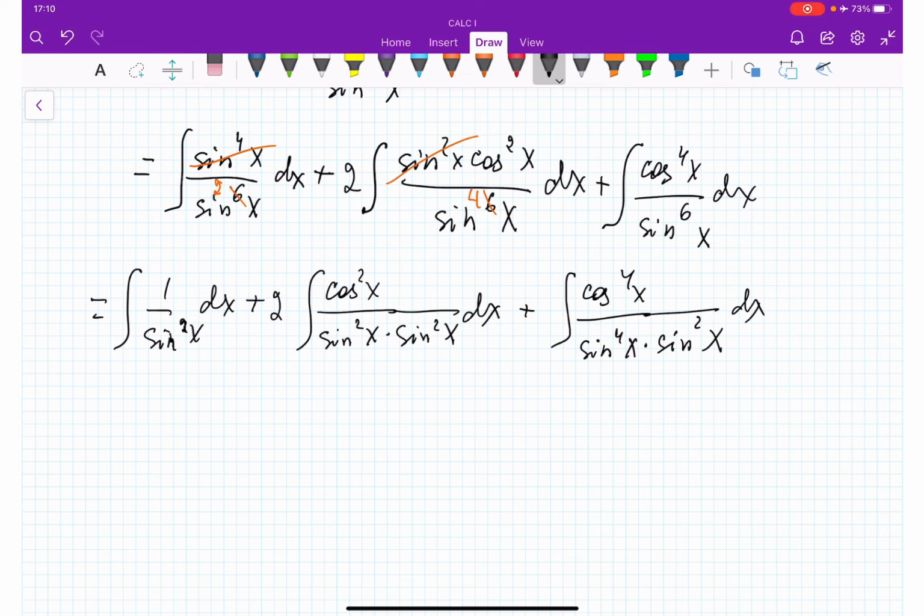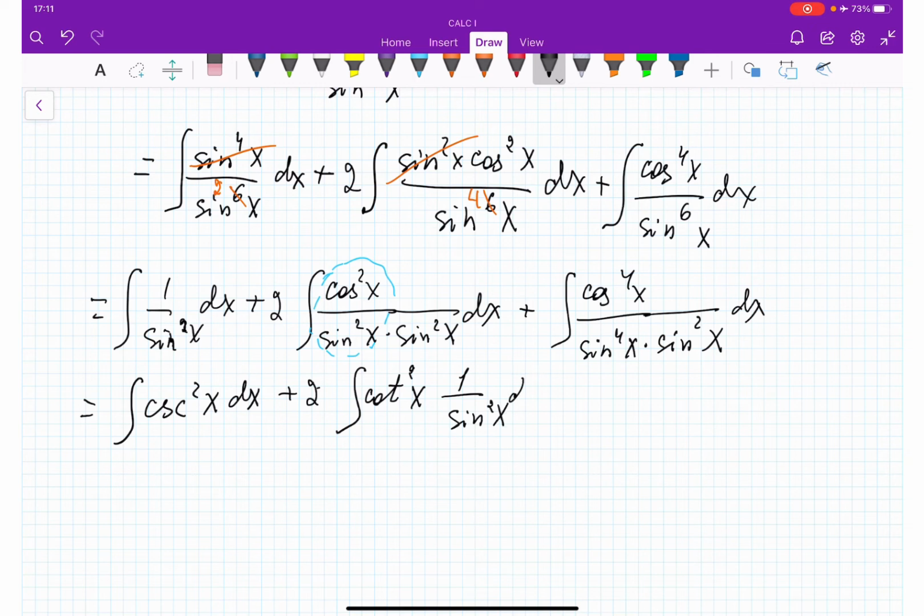So 1 over sine is cosecant, so 1 over sine squared is cosecant squared x dx, plus 2 times cotangent squared x times 1 over sine squared x dx.